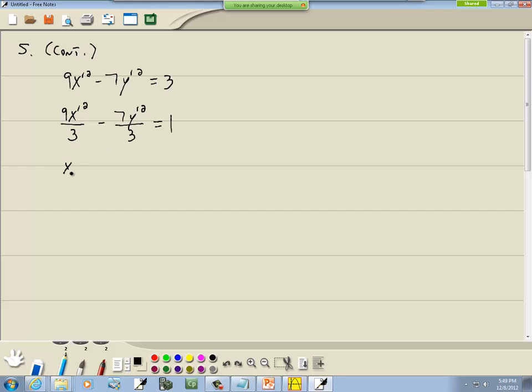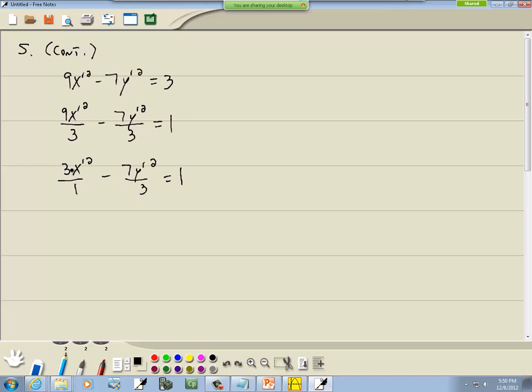And that gives us x prime squared over, well, I was going to skip a few steps. Okay, let me put them in there. 9 and 3 both divisible by 3, so that gives us 3x prime squared over 1 minus 7y prime squared over 3 equals 1.